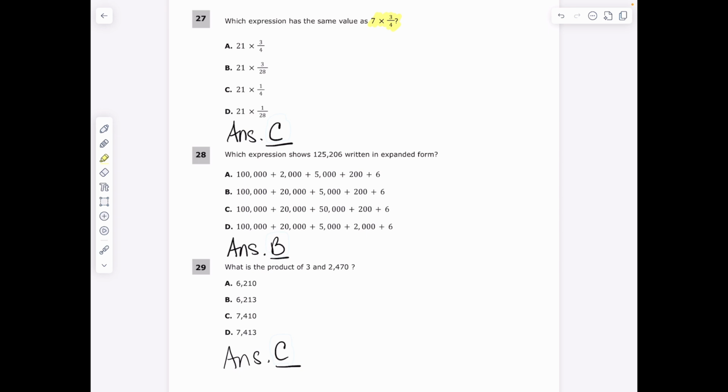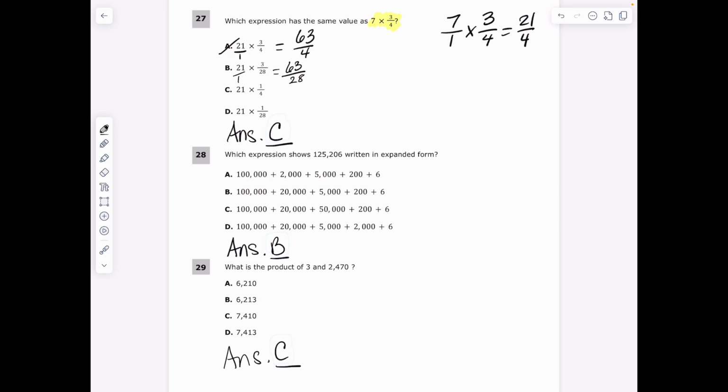So I'm going to simplify this so I know its value, and then I'm going to simplify all of them to get its value. So 7 over 1 times 3/4 is 21 over 4. So I'm going to find which of these has that same value. So I'm going to put a little 1 for A, 21 over 1, and that will give me 3 times 21 is 63 over 4. That don't give me the same value. For B, I get 63 over 28. So 1 times 28 is 28.